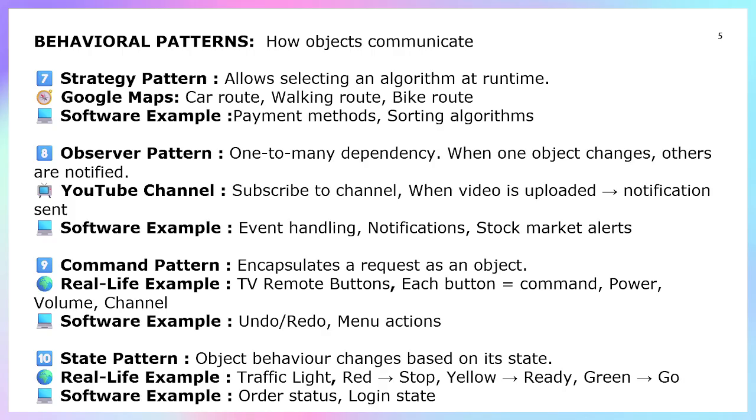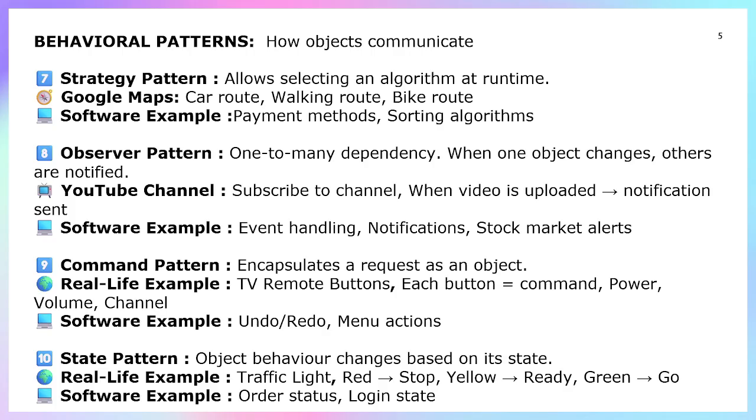Observer pattern is a notification type, a one-to-many object dependency, right? Another one is the command pattern, which encapsulates a request into an object, right? Each button has a command: power, volume, channels. Redo, undo, menu action.